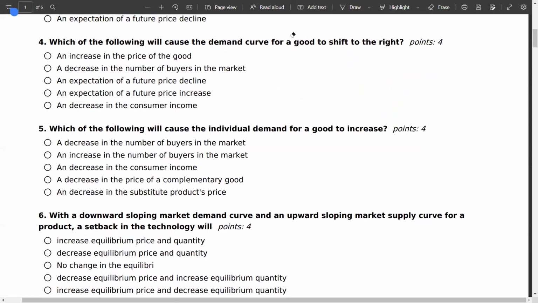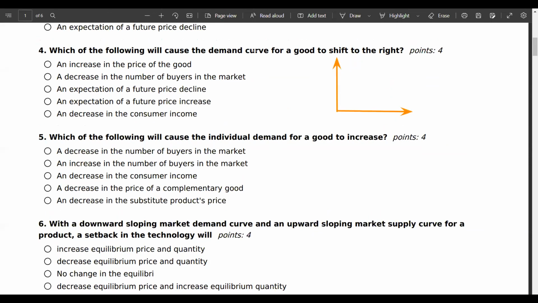Which of the following will cause the demand curve for a good to shift to the right? Again, a similar question to what we did earlier, only here we are talking about demand, not supply anymore. So if I just roughly draw it quickly, price, quantity demanded, and you have the demand curve that goes like this, and then it shifts to the right.